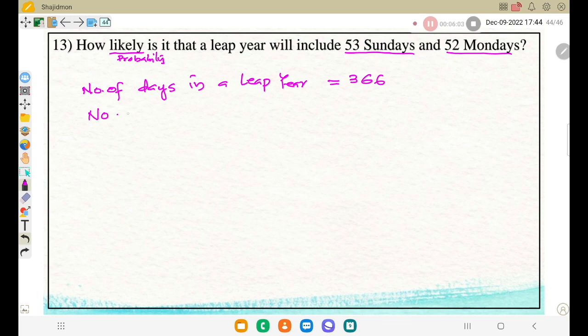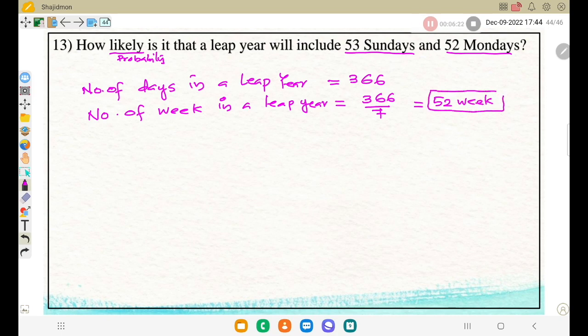So number of weeks in a leap year equal to 366 divided by 7. So we will get 52 weeks plus 2 days extra, correct? 52 weeks, after that 2 days extra will be there.